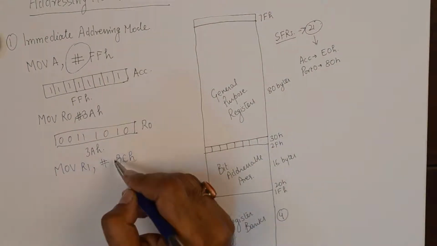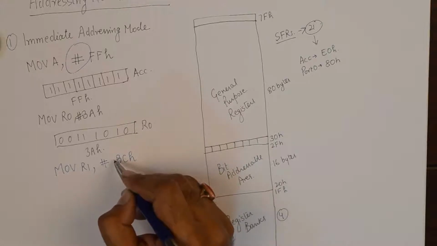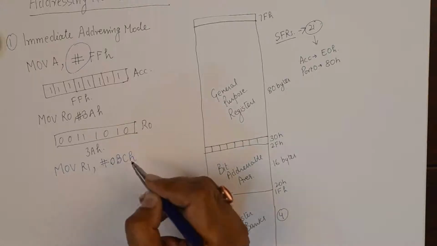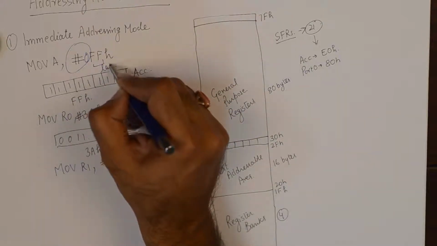We'll need to make sure that any 8-bit number is preceded by a 0, otherwise it will be considered a label.